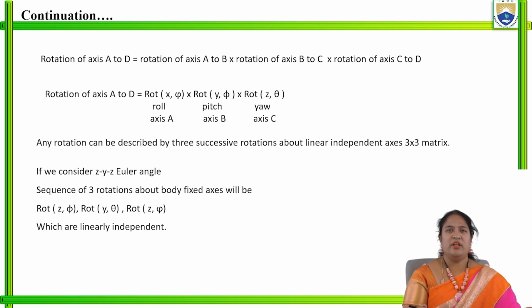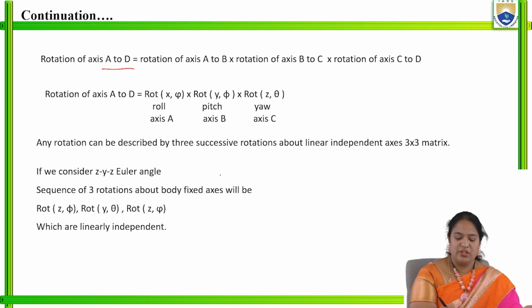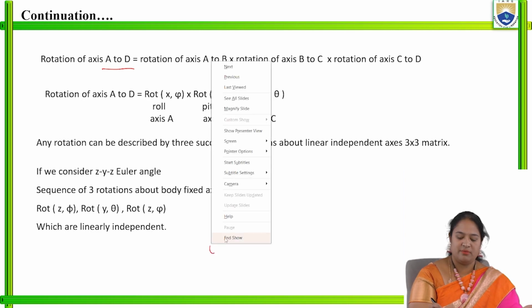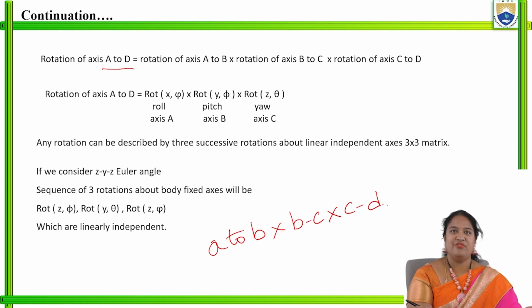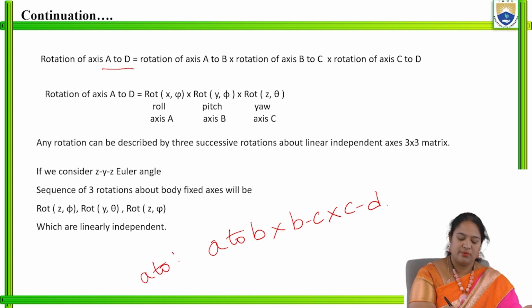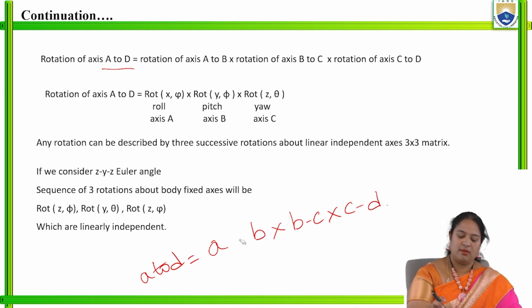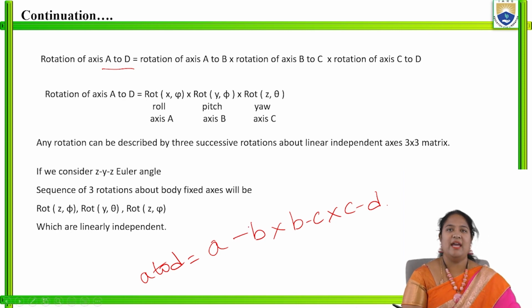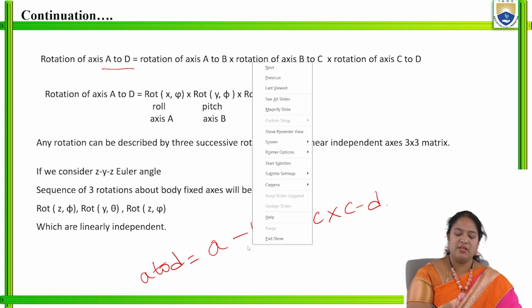Right? That is, when the rotation of the axis is taking place from A to D, first, as I've told you, it will be moving from A to B, then it will be moving from B to C, then it will be moving from C to D. That is A to D is equal to A to B, B to C, and C to D. Now, what are the angles which have been taking place in this?